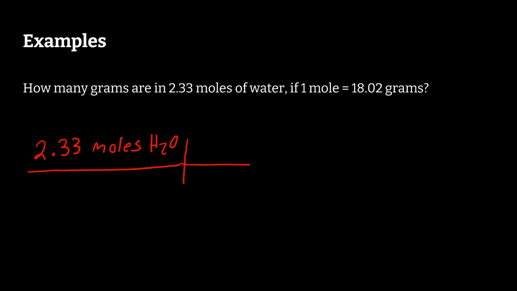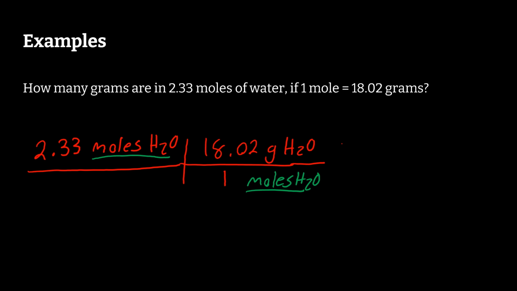Setting this up, we have the moles of H2O on top, so we know we're going to have moles of our H2O on the diagonal. Looking at the provided conversion, this will be 1 mole, which is going to be equal to our 18.02 grams.